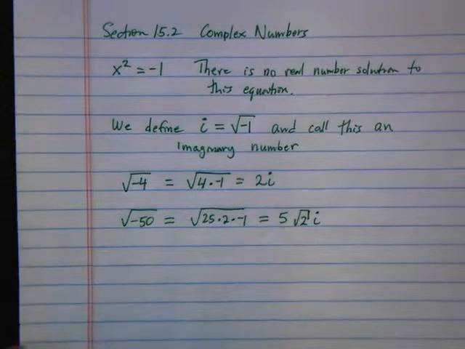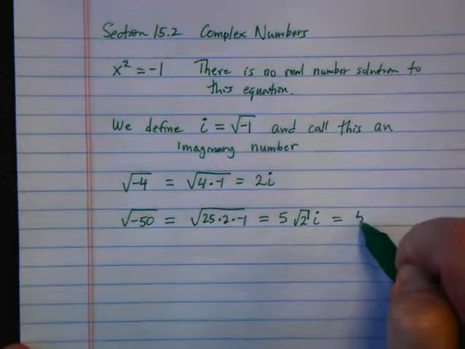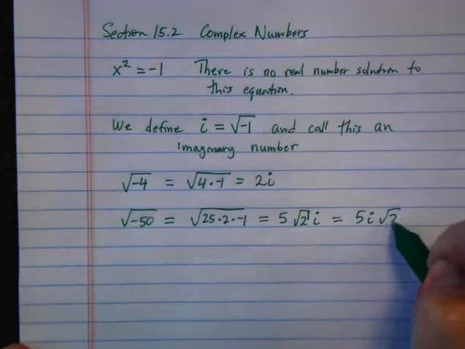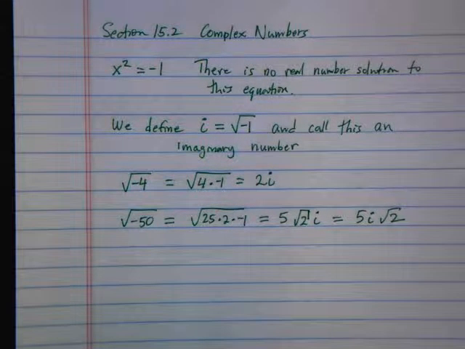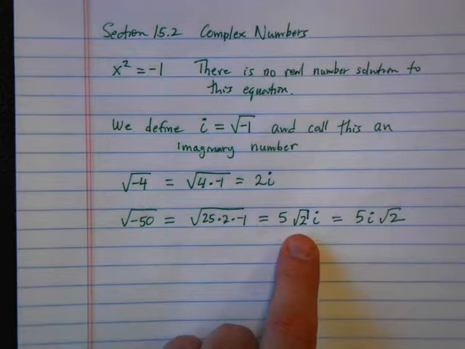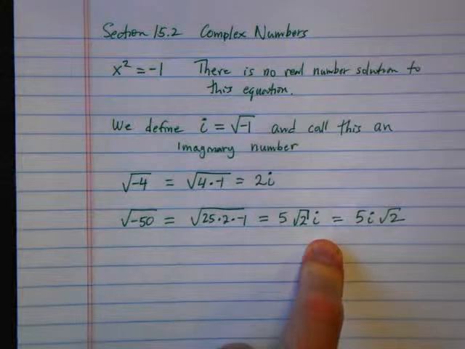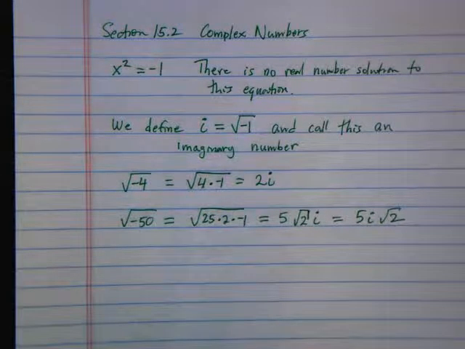Or even better, the way we typically write these, we put the i before the square root. Then there's absolutely no doubt in anybody's mind whether the i is underneath the square root or not. So typically that would be written as 5i square root of 2. Is it wrong to write it as 5 square root of 2i? No, it's not wrong. It's just not as clear, not as obvious. Questions on that?